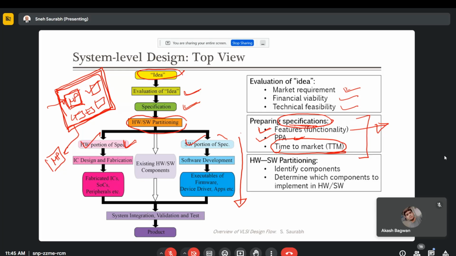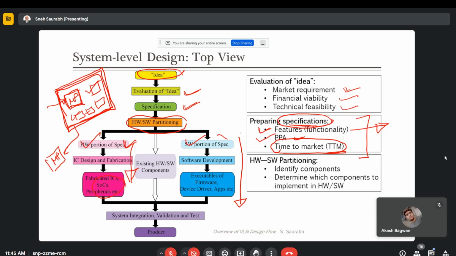For example, whether we will have a security chip or not, whether we'll have a power controller or not. These things will be decided at this level, and we will prepare an individual specification for those hardware components. Then, using that specification, it will go through the VLSI design flow.